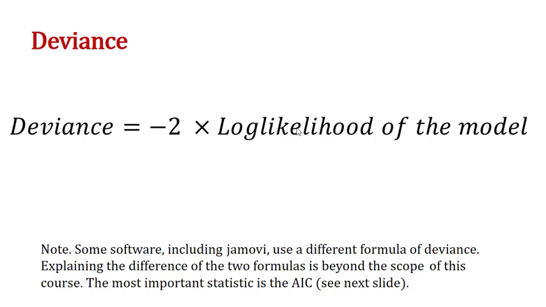So if you multiply a negative number by a negative number, you will get a positive number. Dealing with negative numbers is a bit cumbersome. So with the deviance we have positive numbers. We use log likelihood instead of likelihood to have not too small numbers, and we then multiply by minus 2 to have positive numbers.